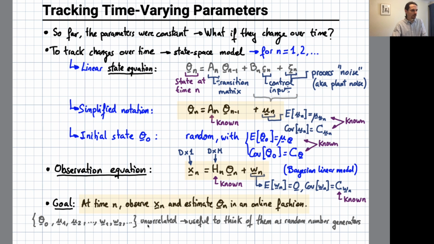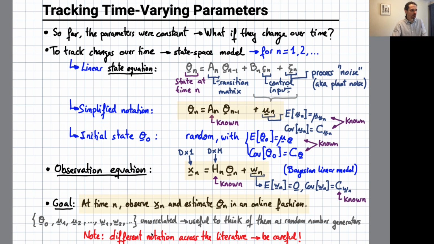If we wish to simulate this in a computer, to generate data synthetically, then we would use one random number generator for each of these vectors here. Note as well, be careful with the fact that the notation is very different across the literature.